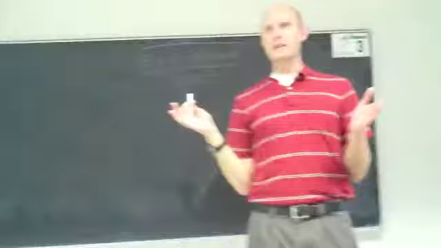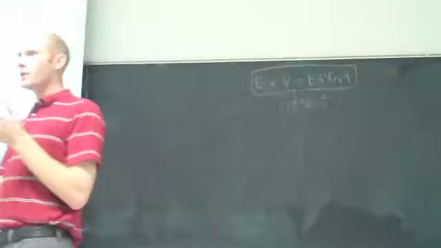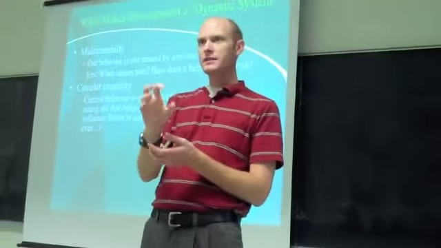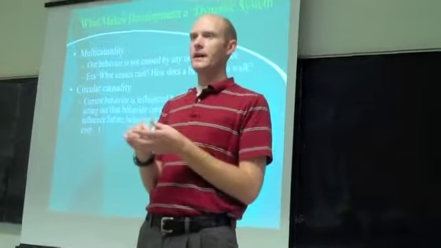So when you're looking at the expectancy times value theory, you are saying, how is a person going to act right now? If you look at their expectancy for success and how much they value the outcome, you can say how they're going to act right now.